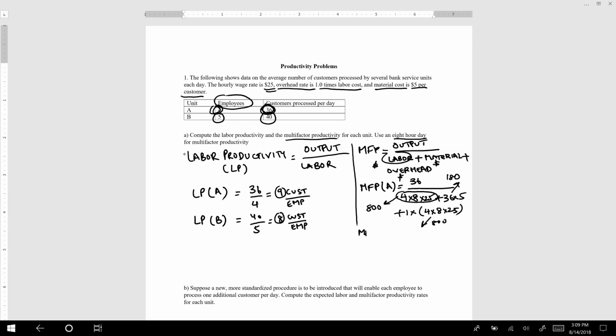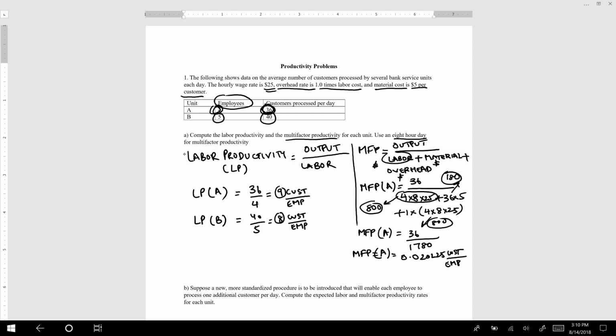So the multi-factor productivity for A will be 36 divided by, so I add 800, 180 and 800, that is going to give me 1780. So the multi-factor productivity for A would be 0.020225 customers per employee.